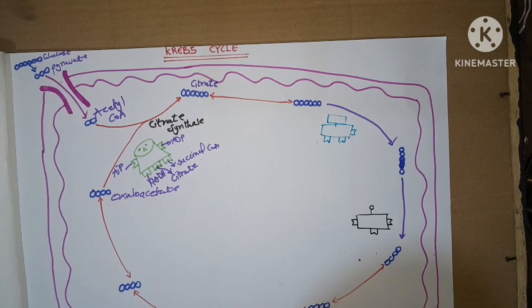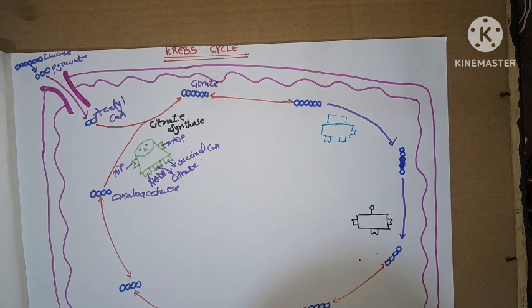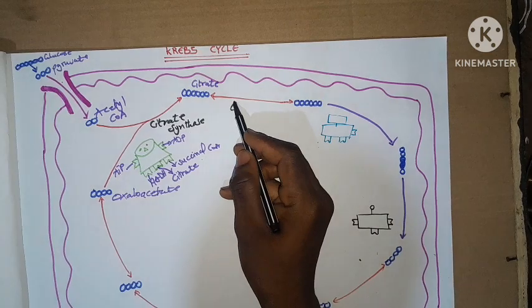An enzyme known as aconitase will come and then convert this citrate to a new molecule known as isocitrate. The enzyme is called aconitase.